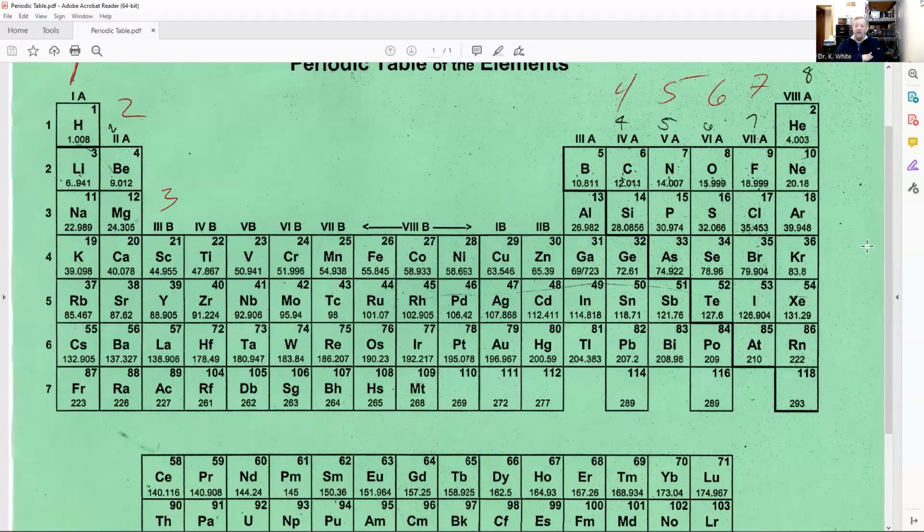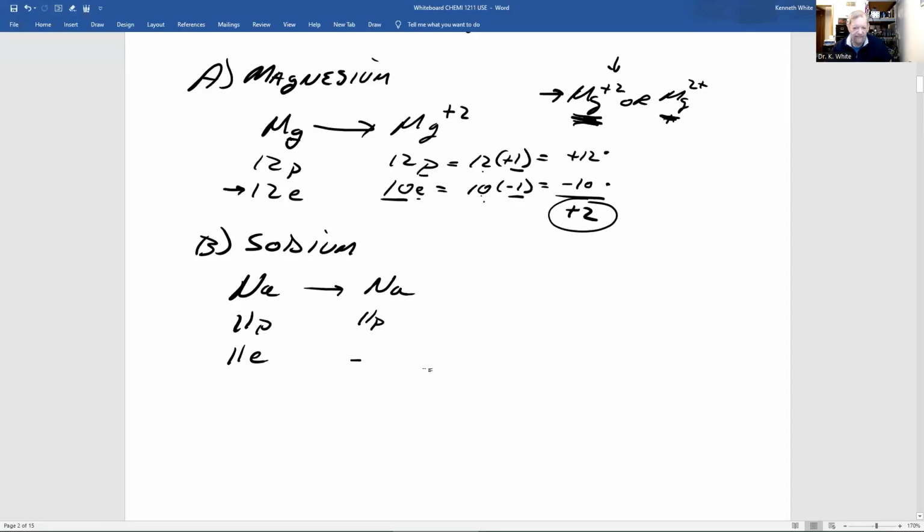Which is the smallest number? And hopefully you pick 1. And therefore, sodium wants to get the same number of electrons as neon, 10. And that's why I wrote this down.